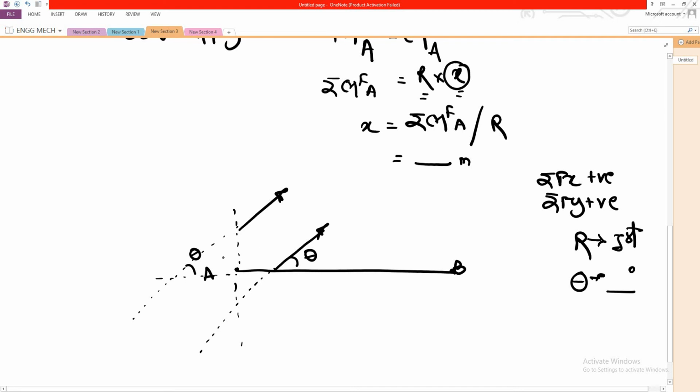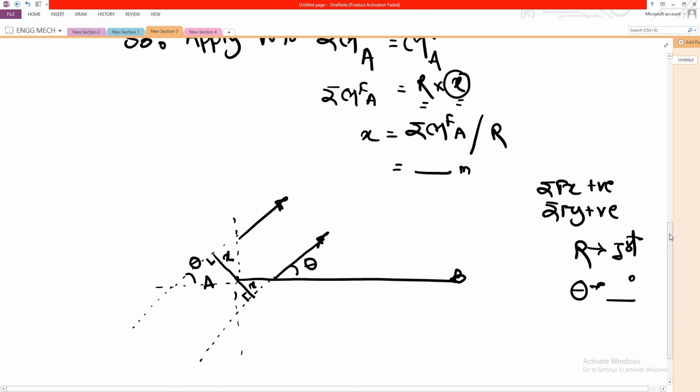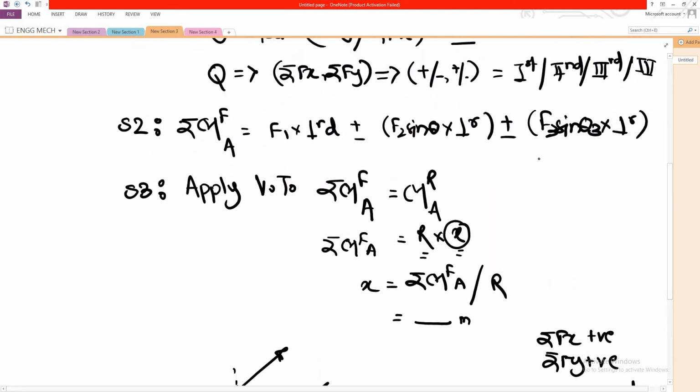Now the important thing, this is the exact perpendicular distance x we are talking about. Now let's try to match all the things that we have been provided. See, the reference point is A, the resultant is R, and there is some value of moment that will be available after we calculate this statement.